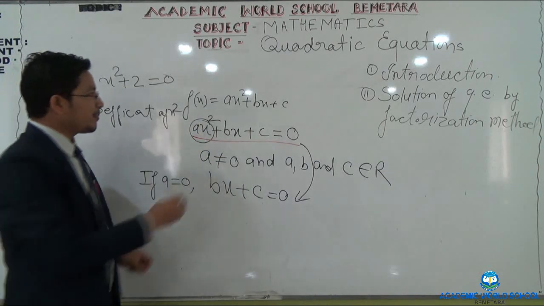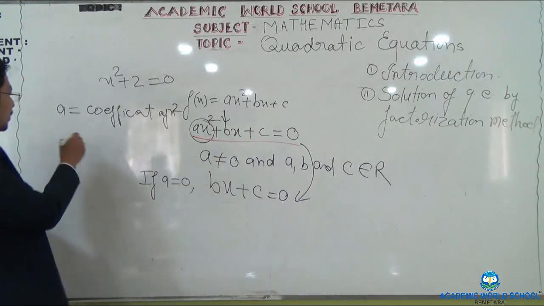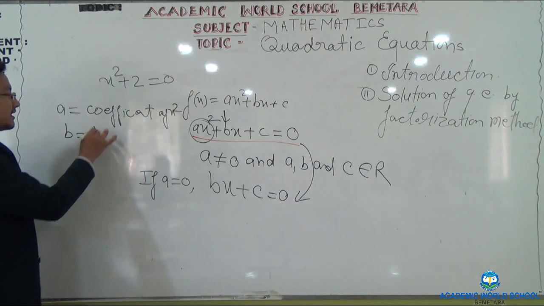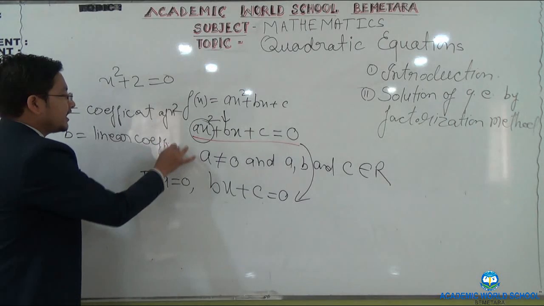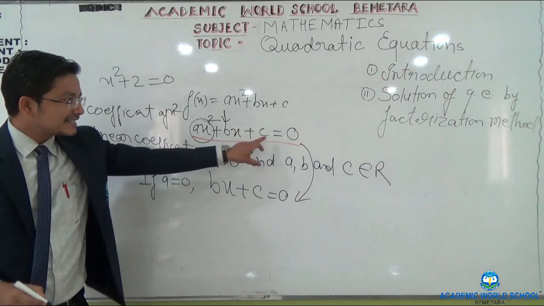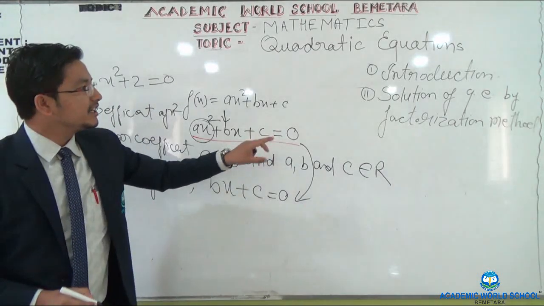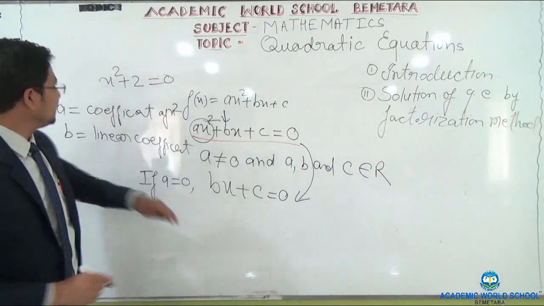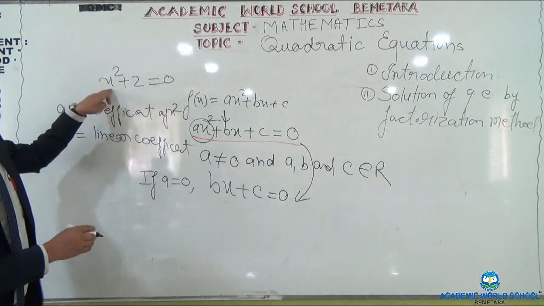Now this b is the coefficient of x, and this is also known as the linear coefficient, and this c is the constant term.